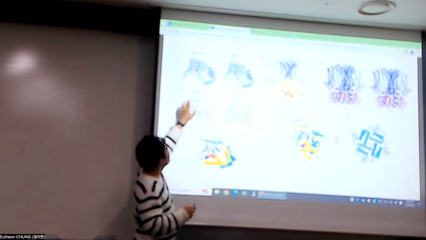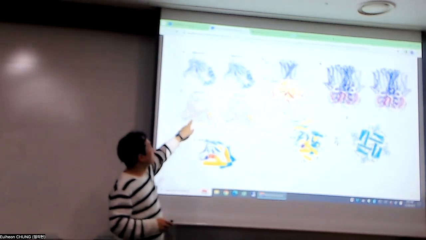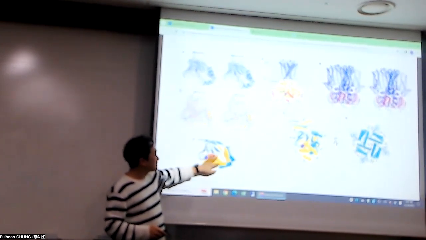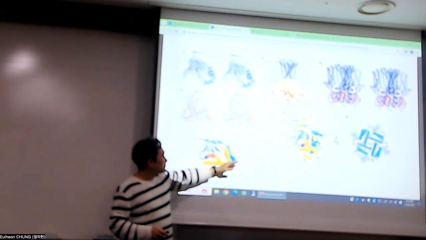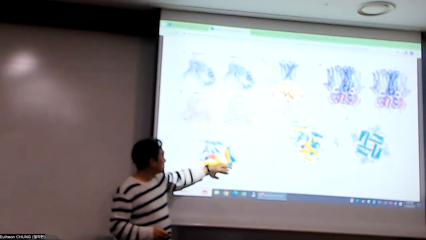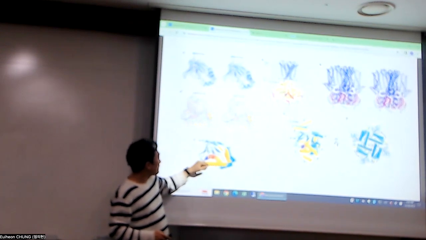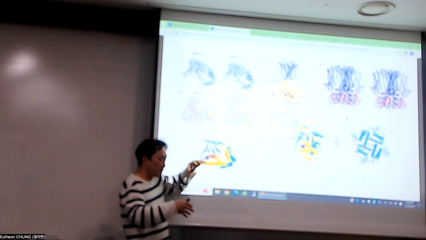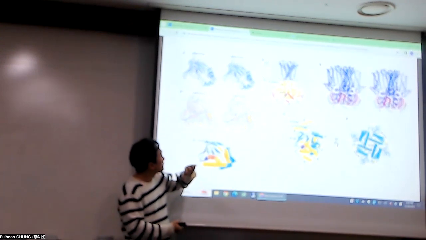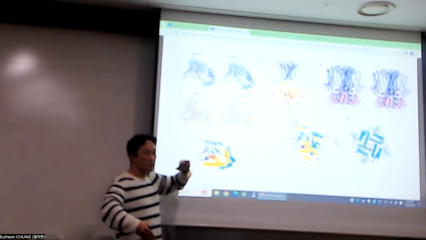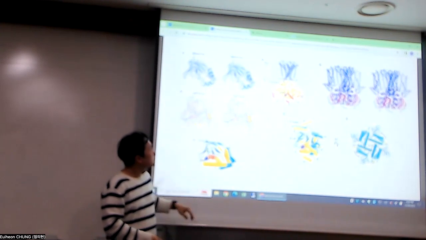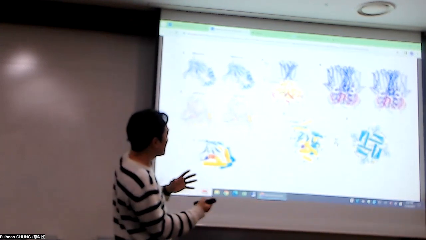If you compare the bound and unbound, it's blue before binding, and then yellow at the binding with the cyclic AMP. It's more like internally the arms hold in order, or stabilize like this.